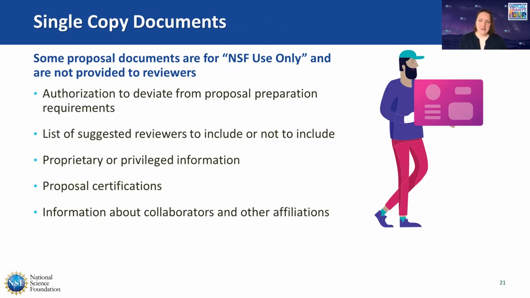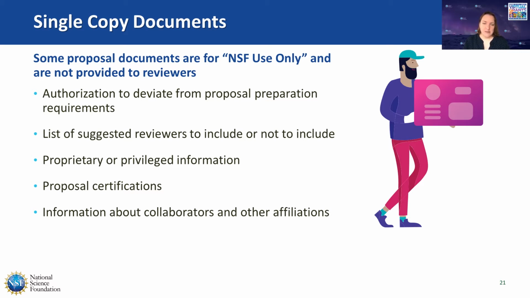Okay, so next let's talk about some of the parts of a proposal that will come in. Some proposal documents are really for NSF staff only. They're not going to be provided to reviewers. And these might be letters of authorization that let you deviate from proposal requirements, list of suggested reviewers or reviewers not to include, proprietary or privileged information.